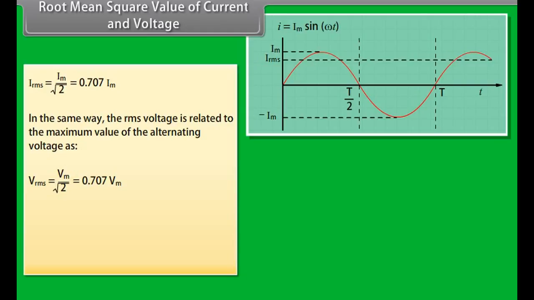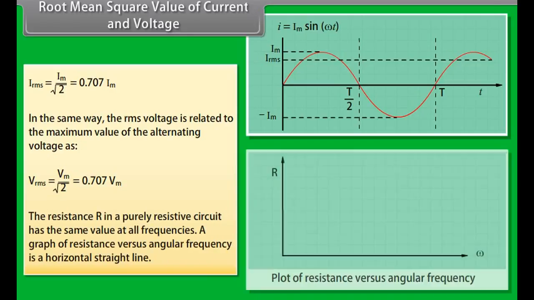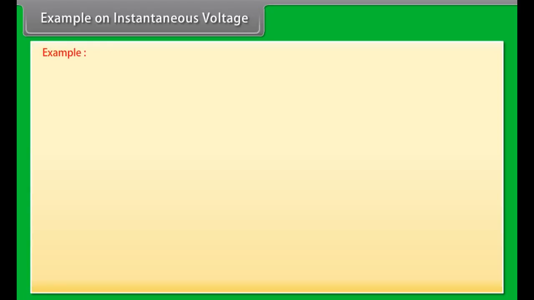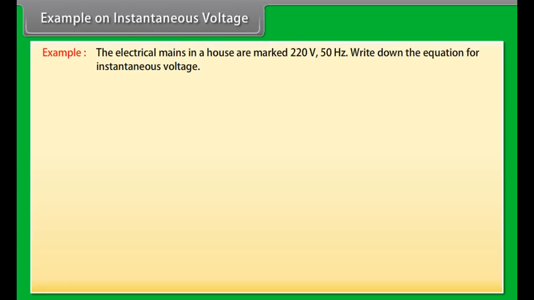Both V and I are positive for one half of the cycle and negative in the other half. Therefore, the average value over a complete cycle is 0. Root mean square current. The square root of the average value of the square of the current is called the root mean square, or RMS, current.